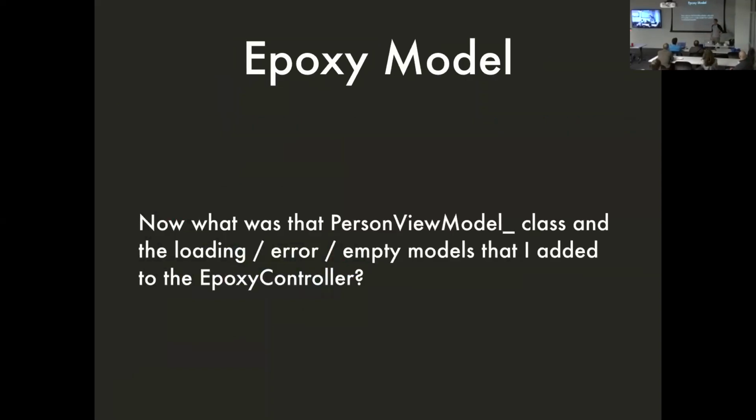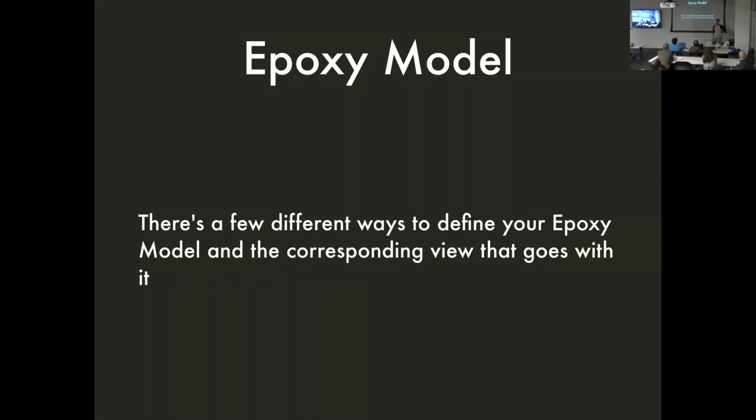So now we're going to look at the models that we were basically adding to the list. There's a bunch of different ways to define these model classes. I won't go into all of them, but you can create just a data object that extends Epoxy model, and then you have a bind method, and it takes the data.